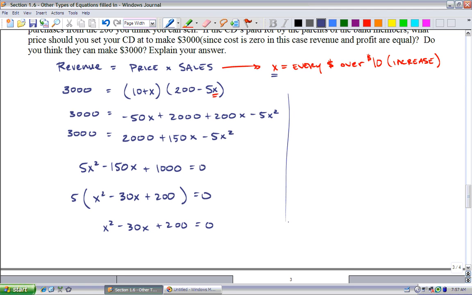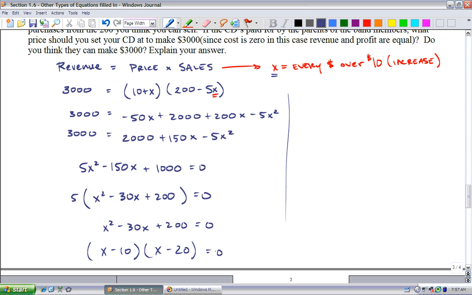Now some people might rush to a calculator here. You don't have to, because we can actually factor this. What two numbers multiply and give me 200 and add to give me negative 30? Well, that actually factors to x minus 10, x minus 20.